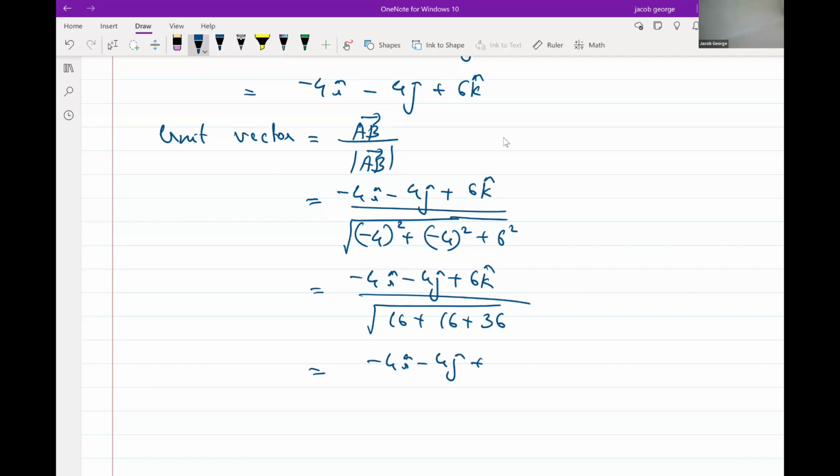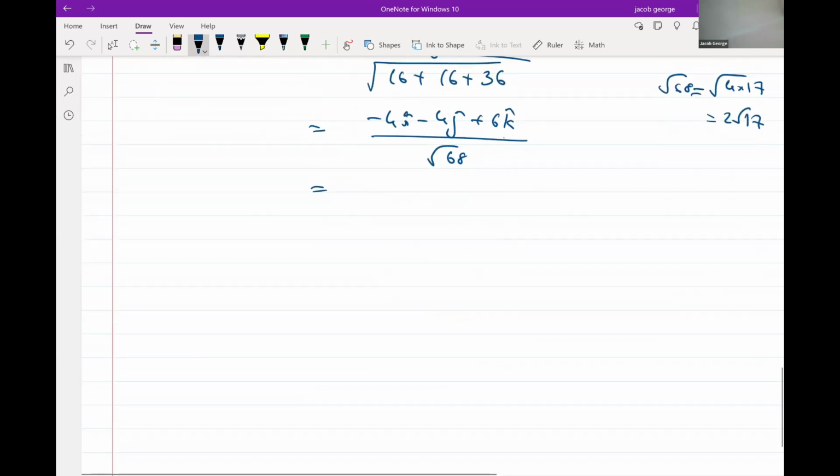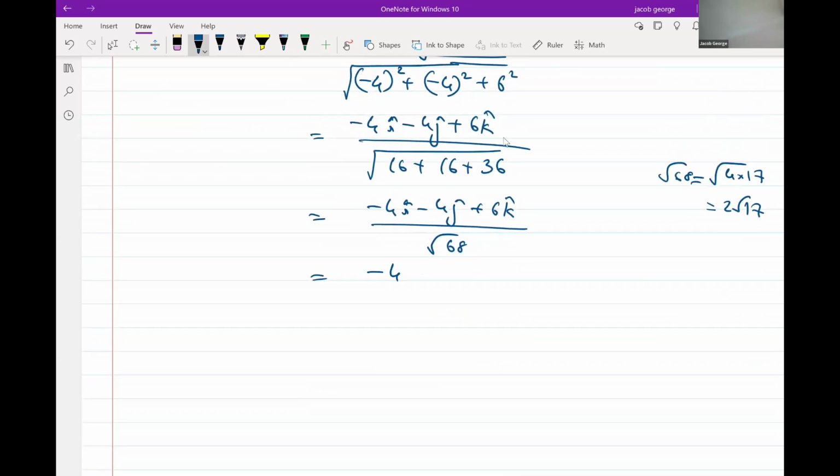Root of 68 means how much is it? 4 into 17, so 2 root 17. Which means minus 4 by 2 root 17 i cap minus 4 by 2 root 17 j cap plus 6 by 2 root 17 k cap.